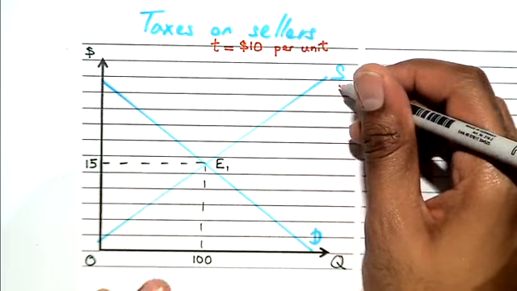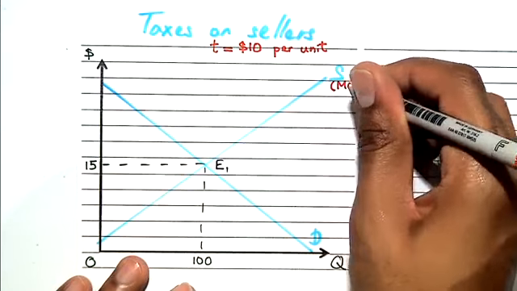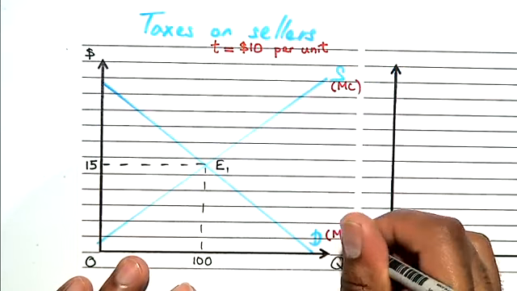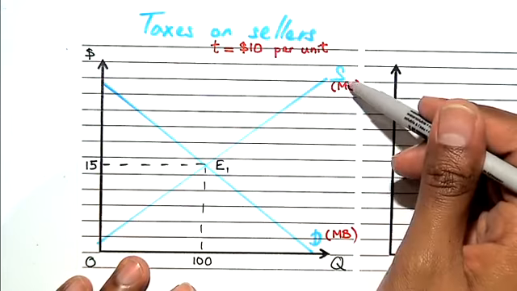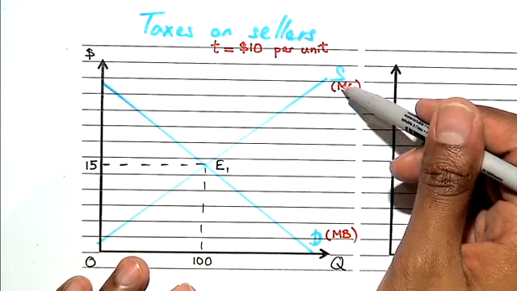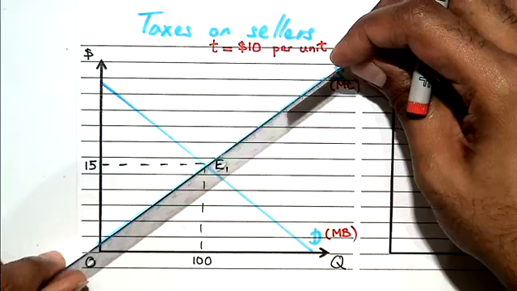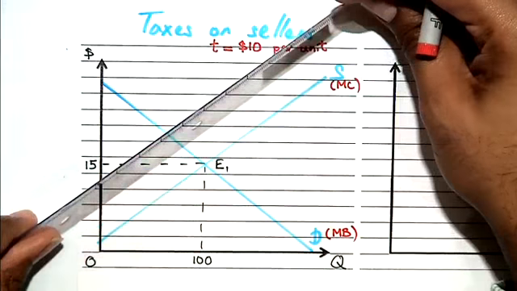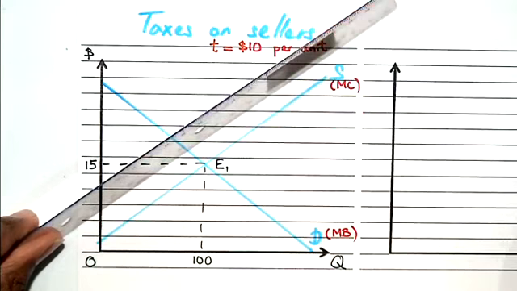Supply is marginal cost. Demand is marginal benefit. What will a tax do to the firm's marginal cost? Increase. So the marginal cost curve will shift up. By how much? By $10.